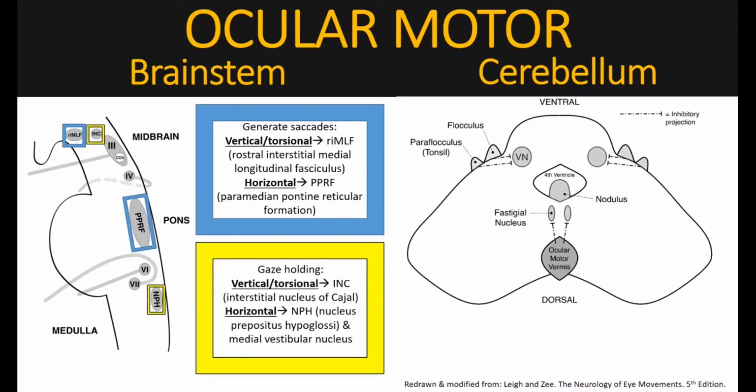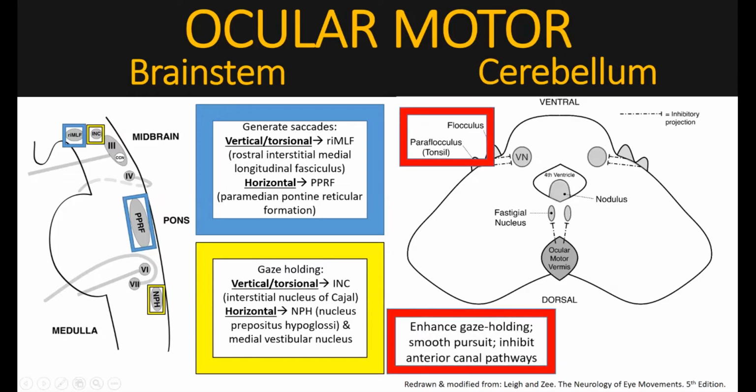If we're talking about gaze holding for vertical torsional, we're talking about the interstitial nucleus of Cajal in the midbrain. If we're talking about simply the horizontal gaze holding, we're talking about the NPH, the nucleus prepositus hypoglossi in the medial vestibular nucleus complex. That being said, the flocculus and paraflocculus are going to enhance gaze holding of these structures.